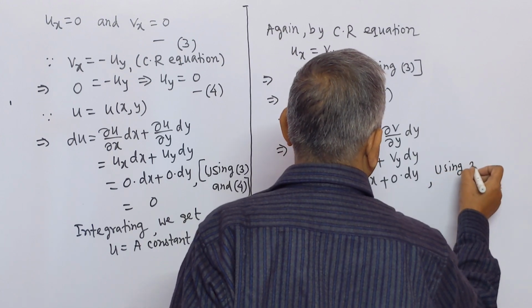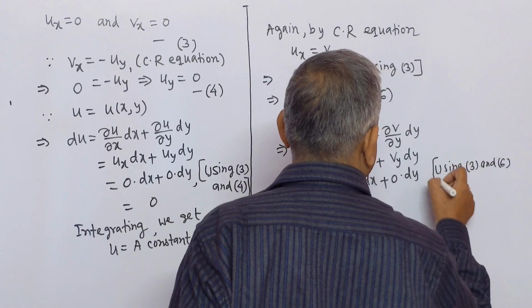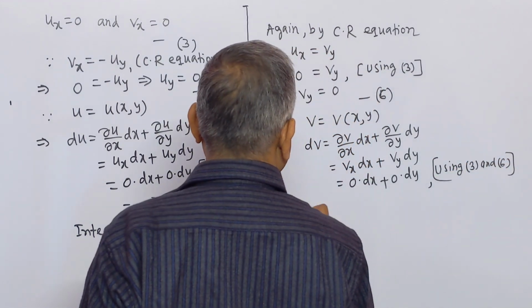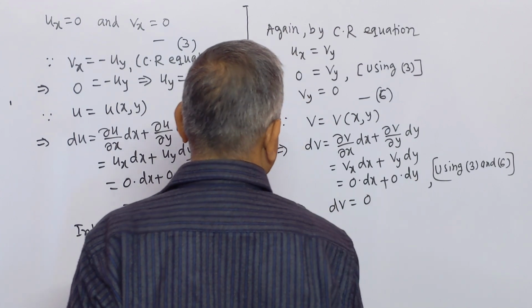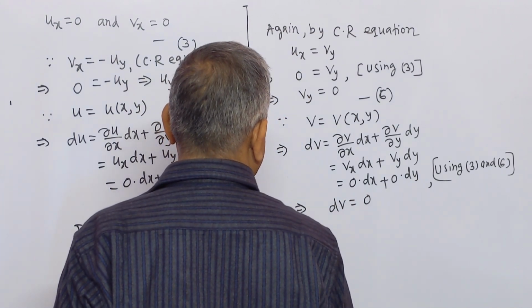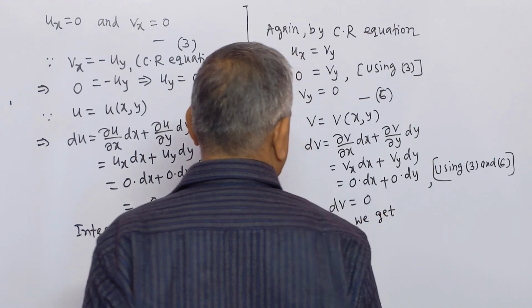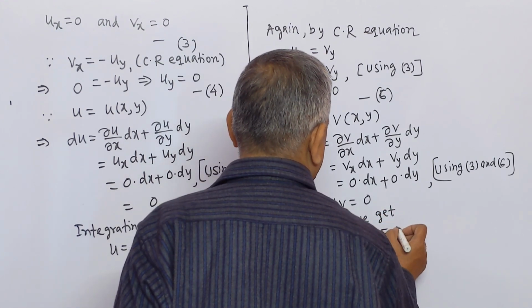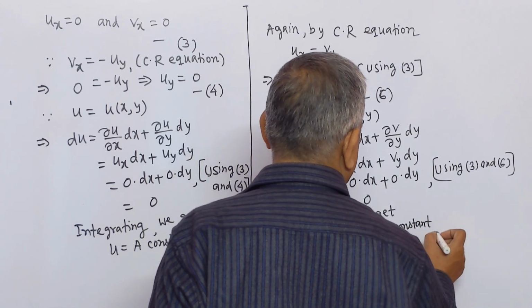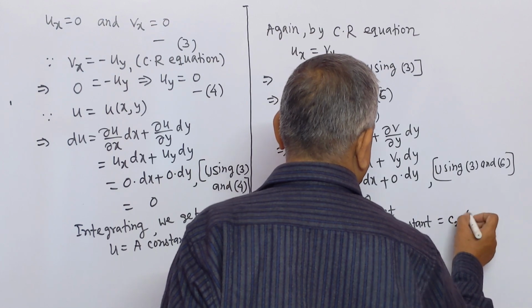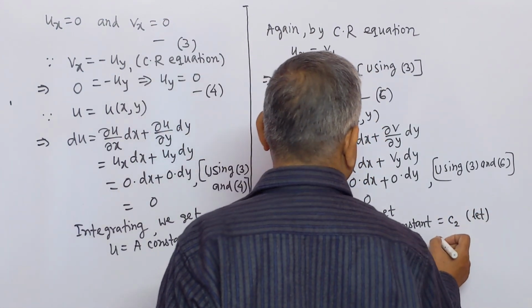Using 3 and 6 implies that dv equal to 0. Integrating, we get v equal to a constant, let it be C2. This is number 7.